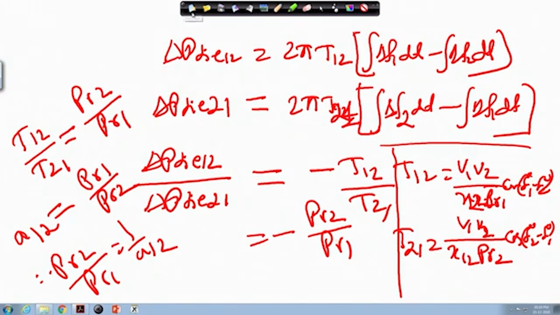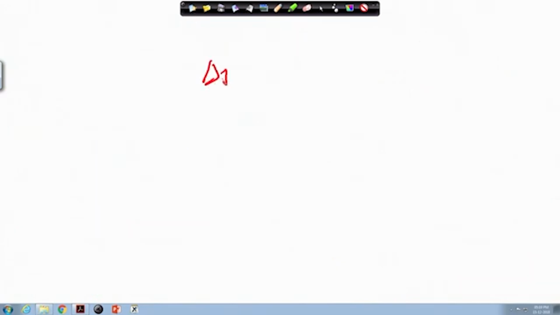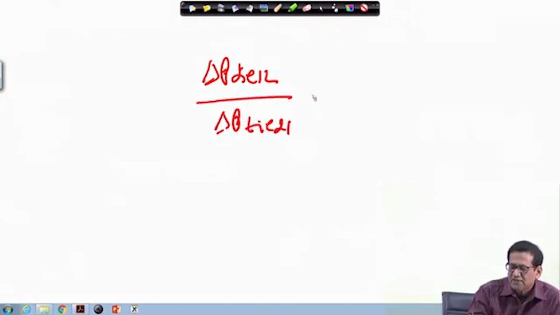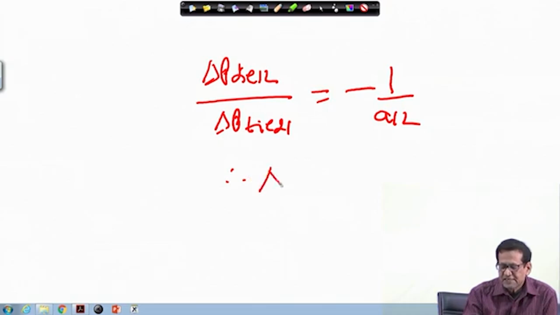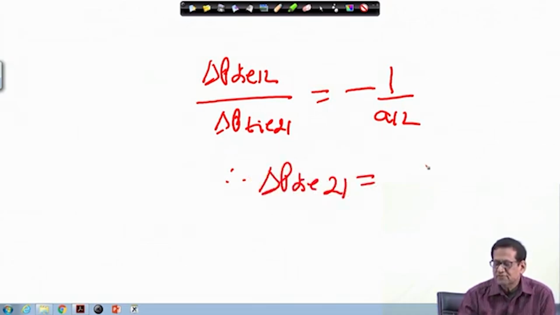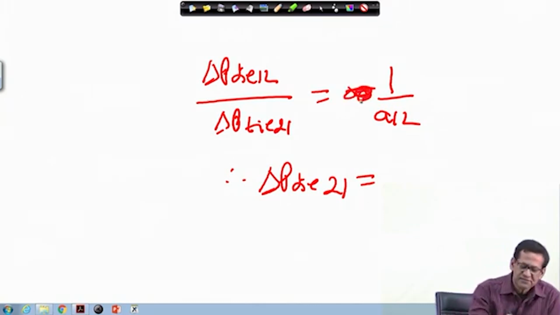So, that means you can write that delta P_tie12 divided by delta P_tie21 is equal to minus 1 upon A12, right.